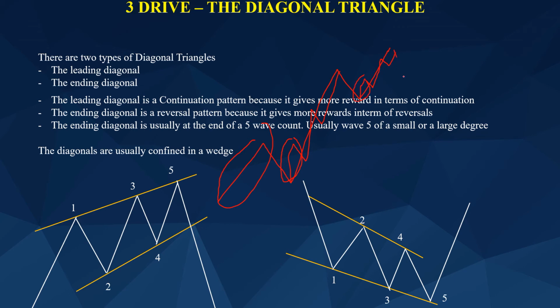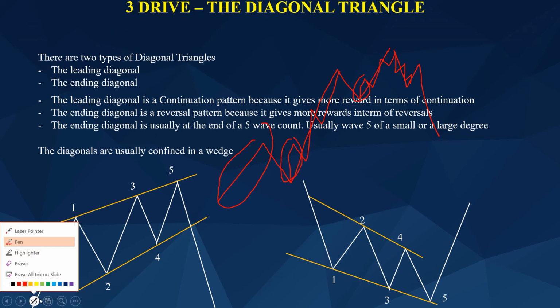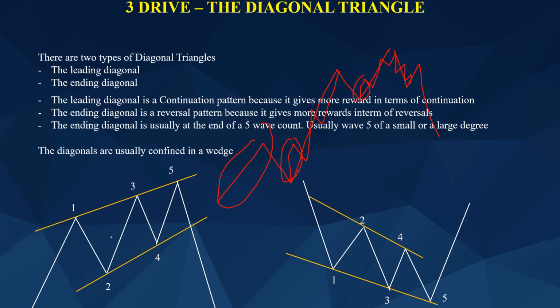In the correction A, B, C, the diagonal will be at the start. So the leading diagonal is always at the start of the wave count, whether it is a smaller degree or a larger degree wave count. Don't bother yourself with all this. That is the reason why it is a continuation pattern. For instance, if I have a leading diagonal occurring here, and I'm going to see a triangle like this.